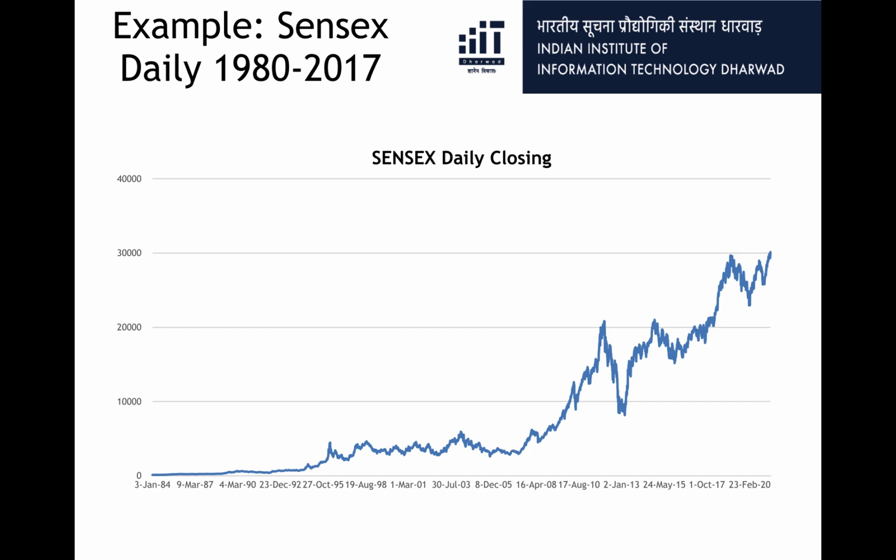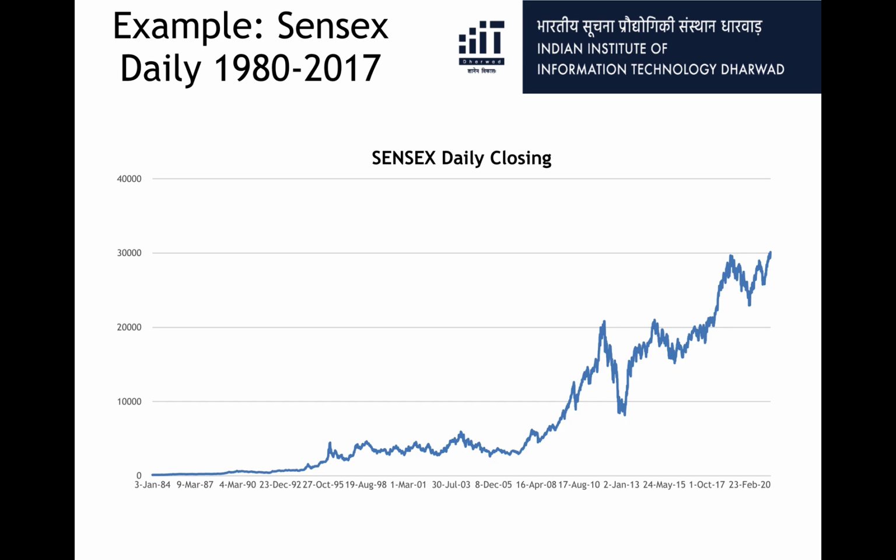In fact, it so happens that Sensex started at 100 and it has increased to about 1000, but in the first 10 years, because you see the scale on the y-axis, it is 0 to 10,000, then 20,000, then 30,000. So an increase from 100 to 1000 is a tenfold increase, 10x increase in 10 years. That is a phenomenal increase.